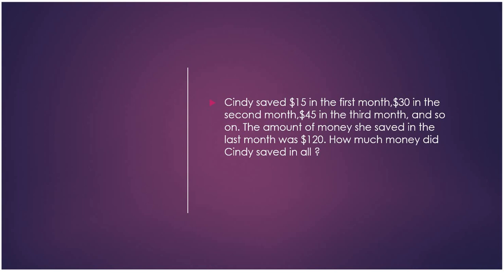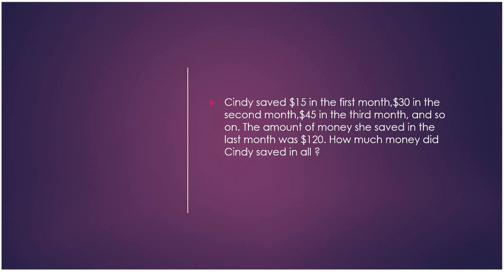$15 in the first month, so she saved $15 the first time, okay? And the second month she saved $30, okay? So 15 becomes 30. And then the third month she saved $45, okay? 15 becomes 30, 30 becomes 45.